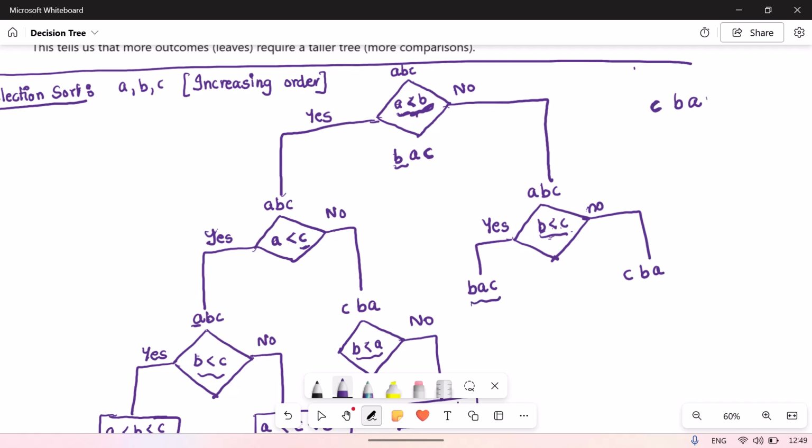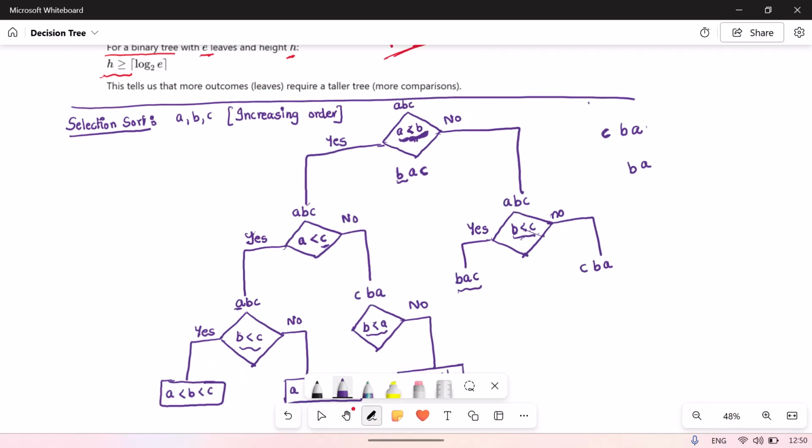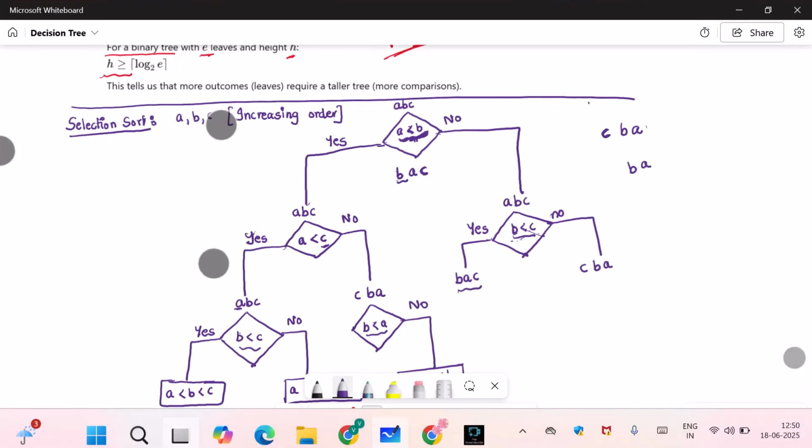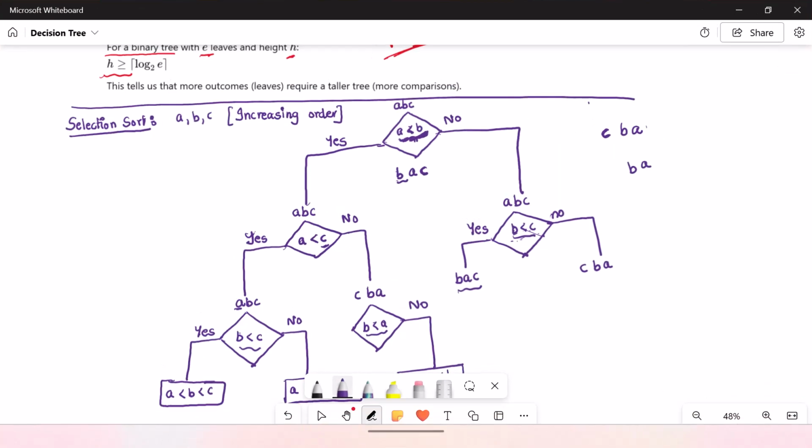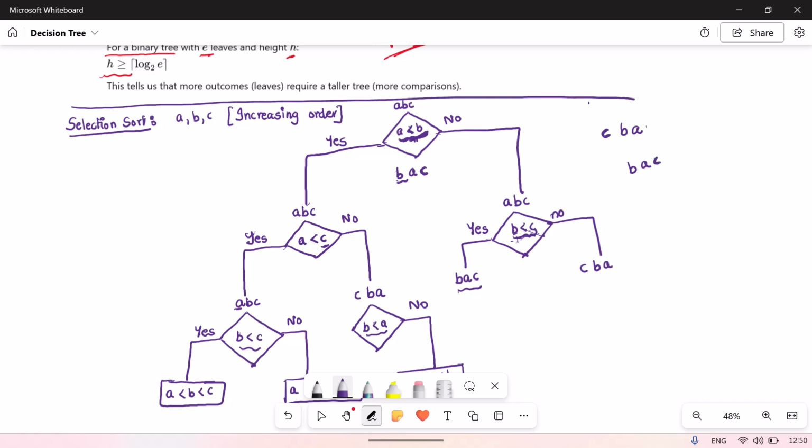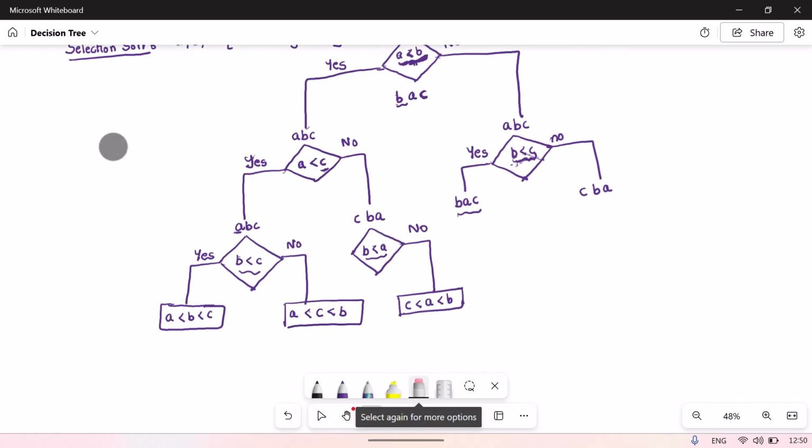Similarly for this one, A less than B, so again it will be B and A. But when you compare it with C, C is the smallest. If it is yes, that means B is the smallest. So this will be the order. So this is how it will be.